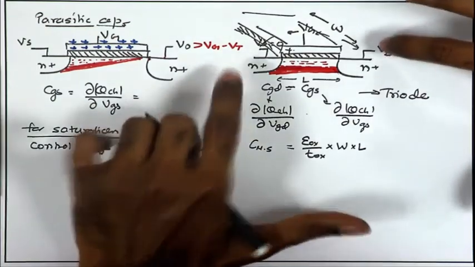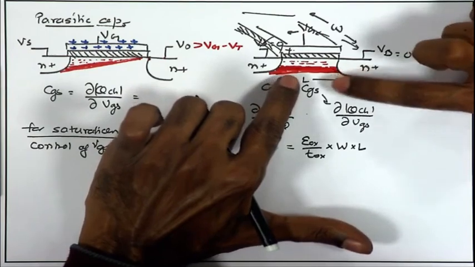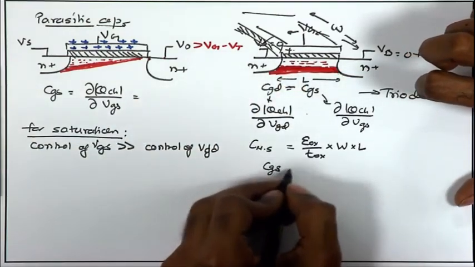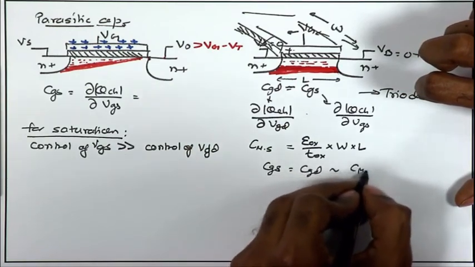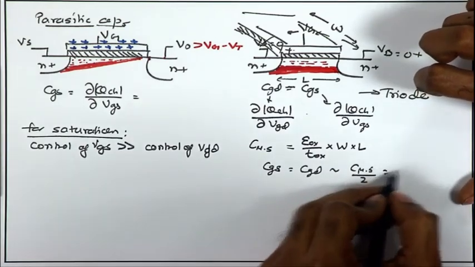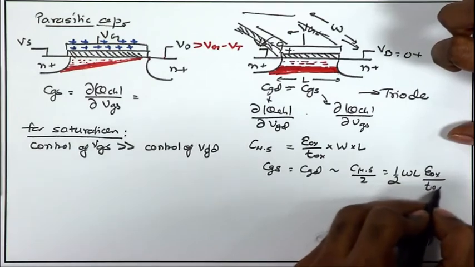And since in the triode region gate and source are having equivalent or similar degree of control on the channel charge, we say that CGS is equal to CGD approximately equal to CMS by half. So, each of them become 1 upon 2 WL epsilon OX upon TOX approximately.